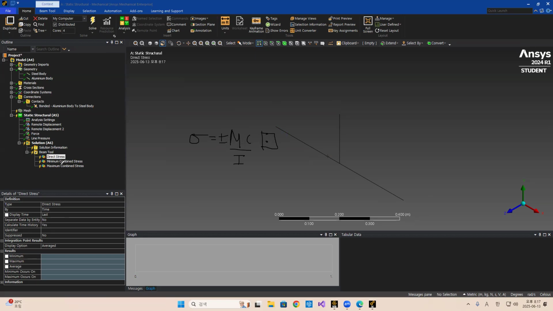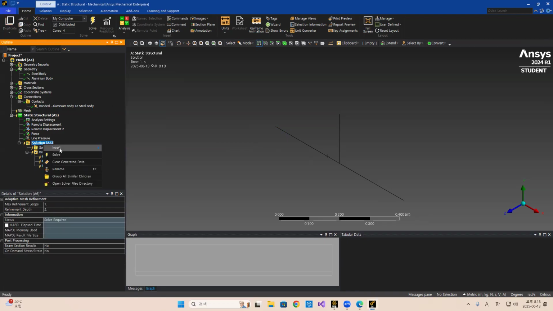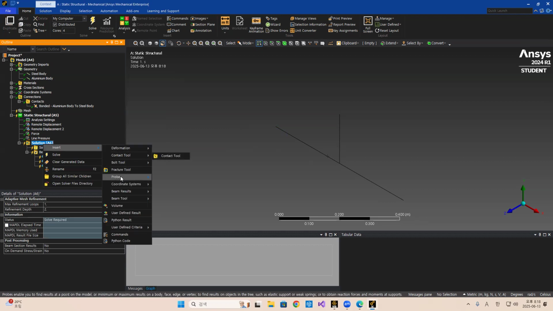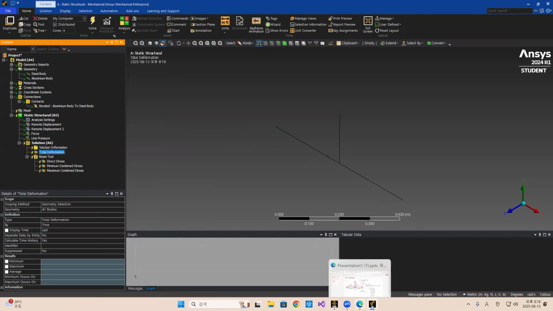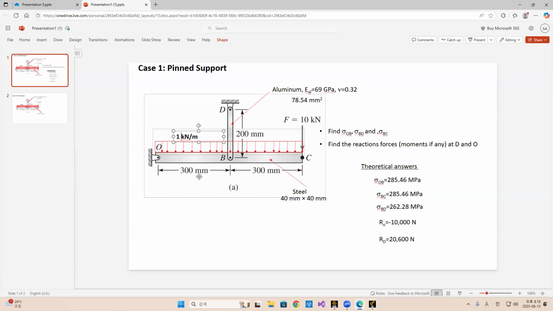Plus means maximum, minus means minimum combined stress. Combined stress means including the axial also. Those things I want to solve, and also the total deformation.